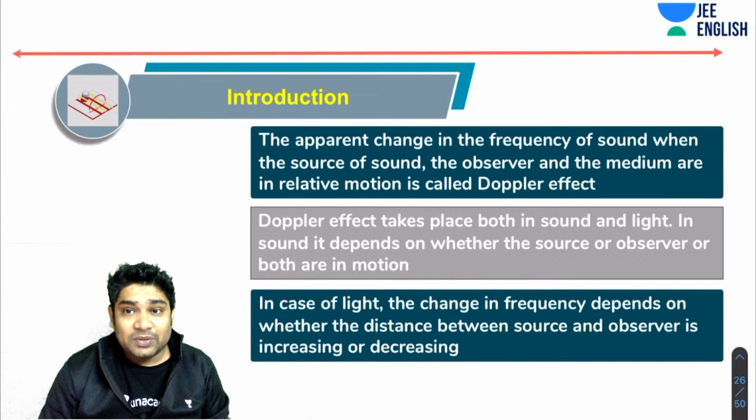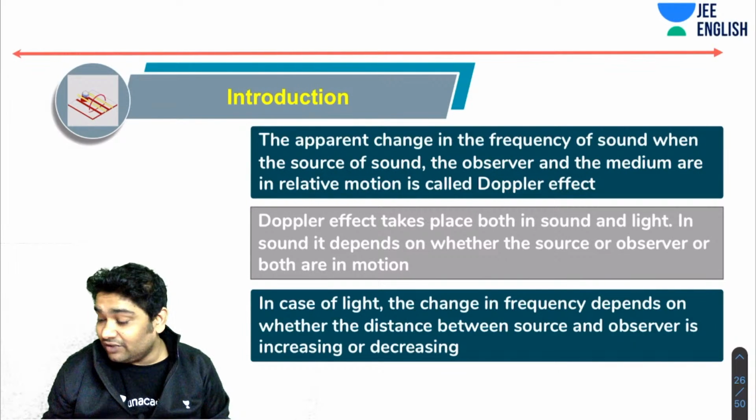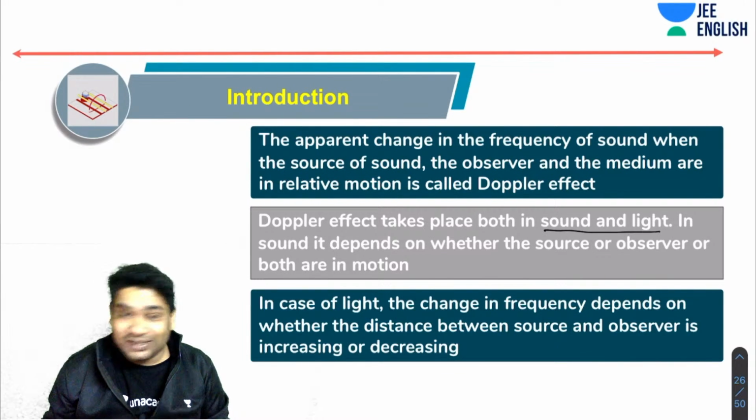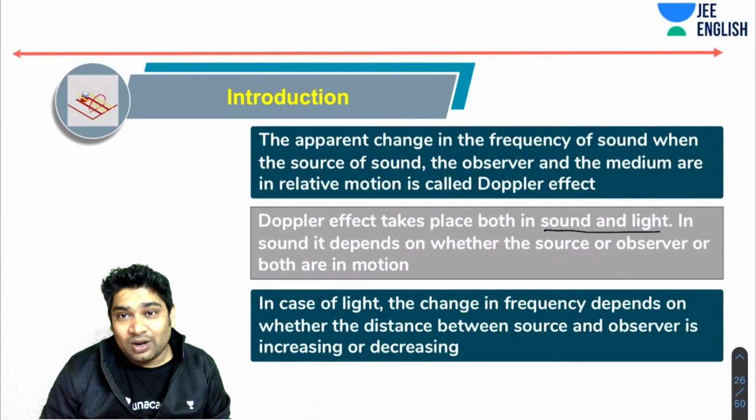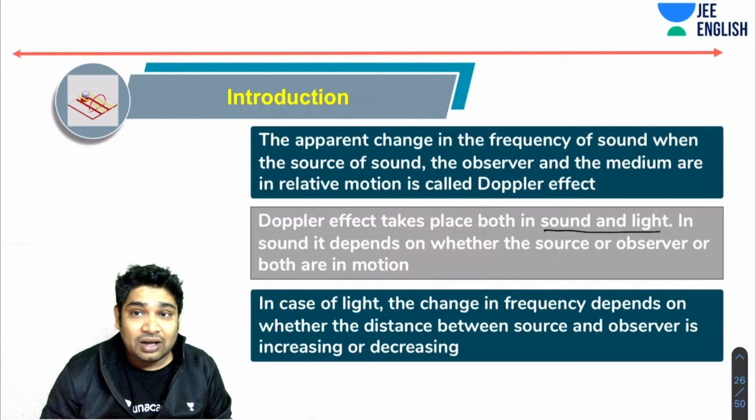Doppler's effect takes place in both sound and light, by the way. Please do not forget it takes place in both sound and light. In fact, it can take place in all waves, but mostly we talk about sound and light only. Now, in sound, it depends on whether the source and observer are both in motion or either one of them is in motion, and there has to be a relative motion along the line joining them.